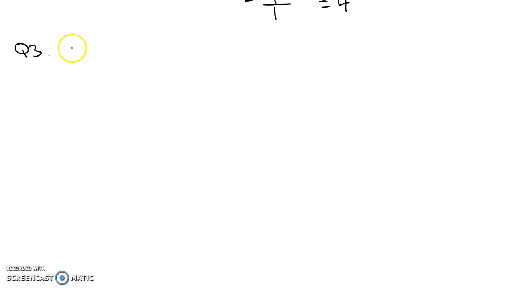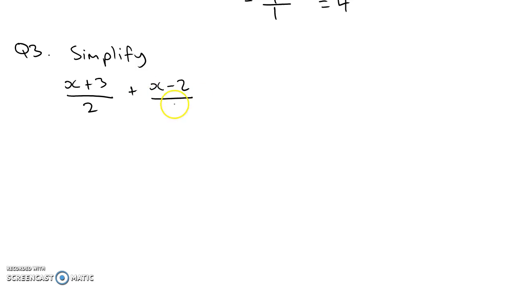Let's simplify x plus 3 on 2 plus x minus 2 on 5. Now our first step, whenever we're adding or subtracting fractions, we need a common denominator.